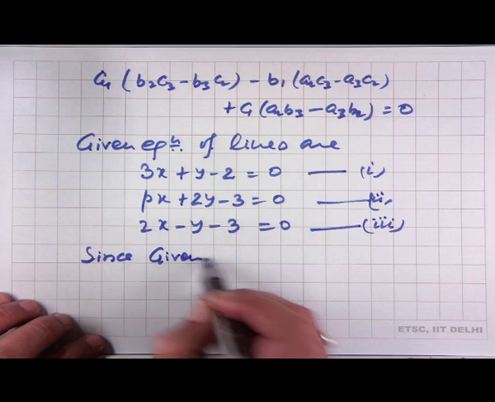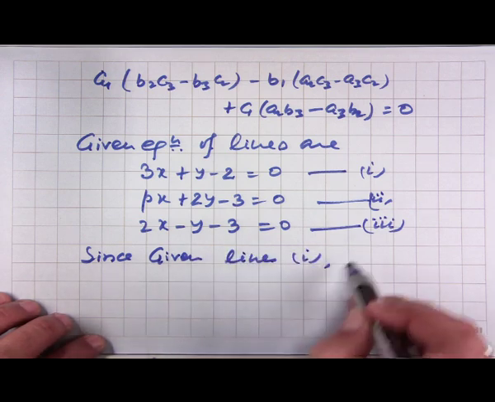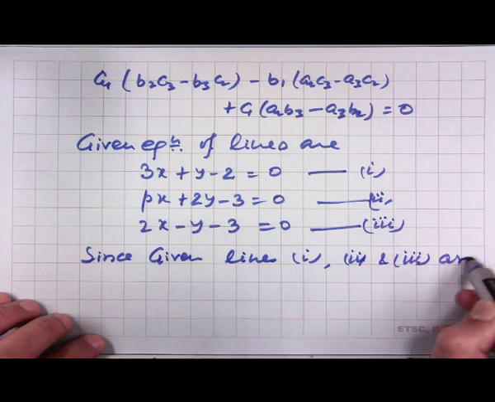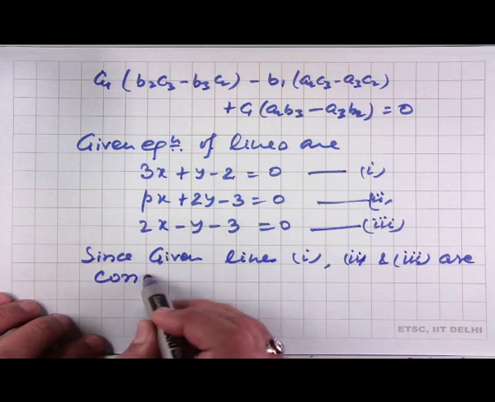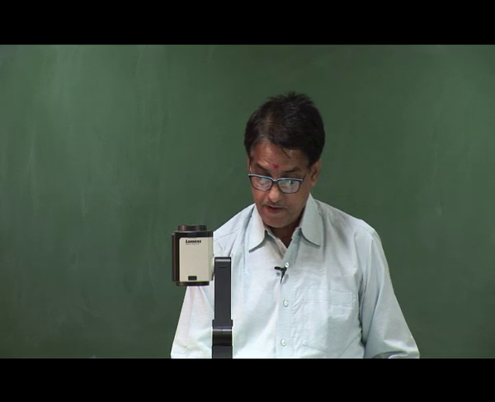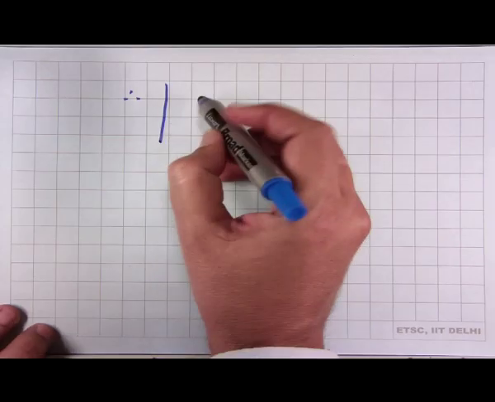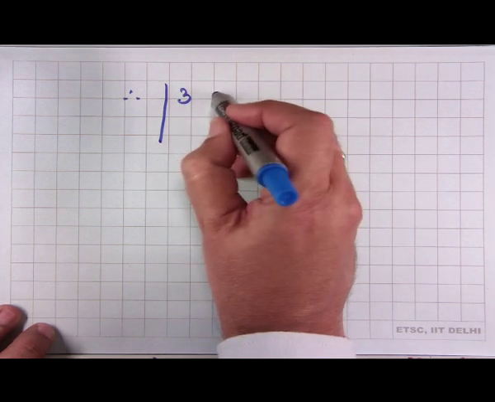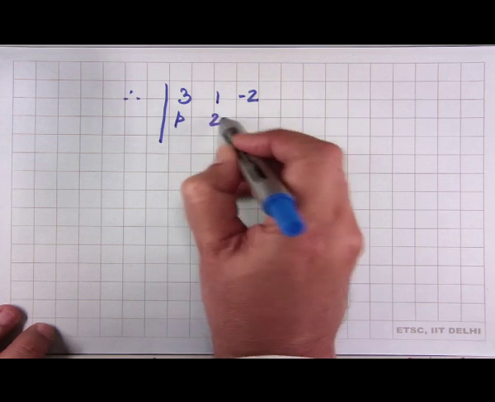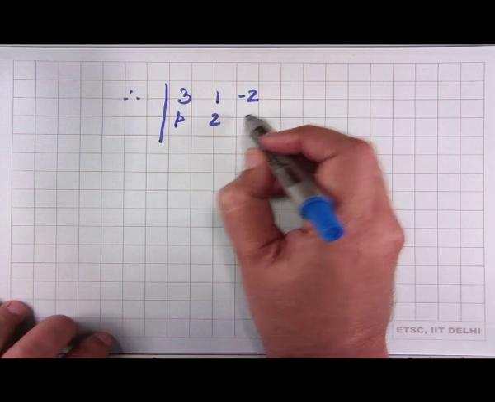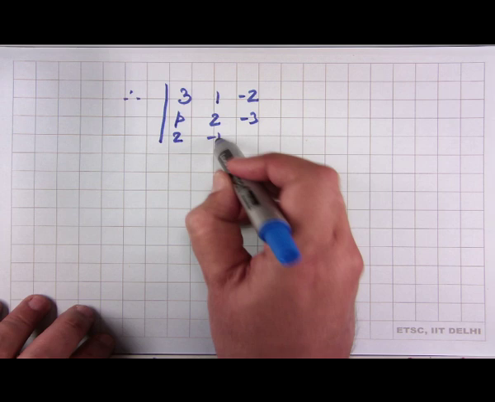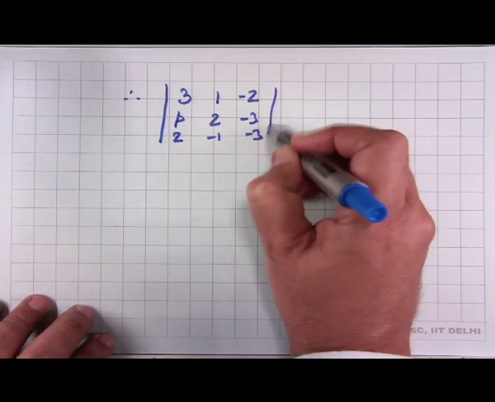Since the given lines 1, 2 and 3 are concurrent, the determinant with rows 3, 1, minus 2; p, 2, minus 3; 2, minus 1, minus 3 equals 0.